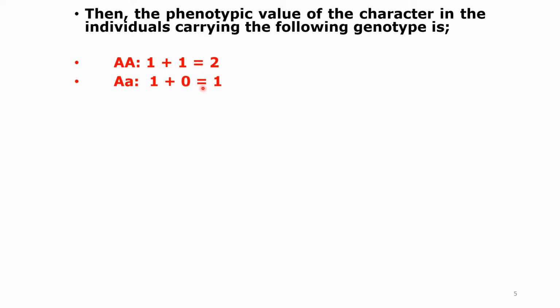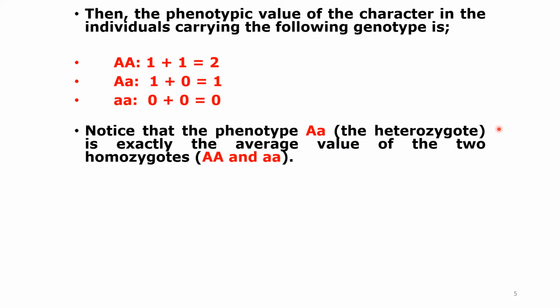So 1 plus 0 will give us 1. While if it is in the recessive state, we know that is 0 plus 0, which equals 0. One interesting thing from this example, notice that the phenotype of the heterozygote, capital A small a, is exactly midway between both homozygotes.